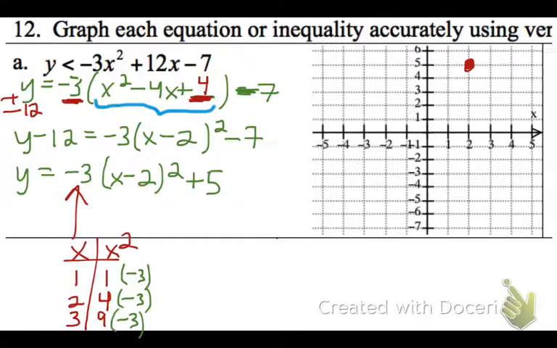So that means we're going to go right 1 and down 3, and we're going to go right 2, down 12, if it'll fit. So right 1 down 3 is right here. And then from the vertex right 2 down 12, I believe is right there, and it barely fit. But it fit nonetheless.